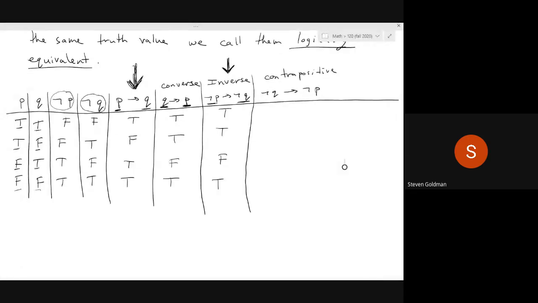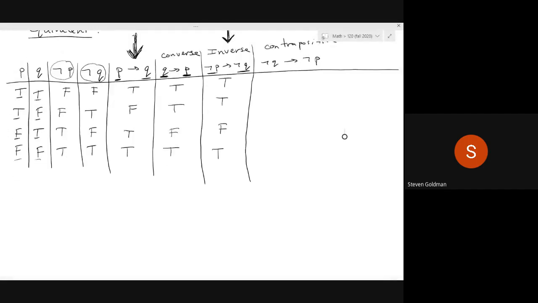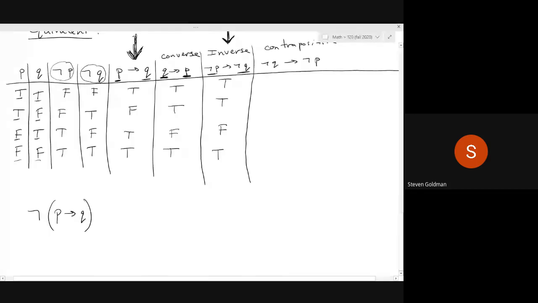The answer is no. The negation of that proposition would look like this: not, "if P then Q." That's the negation. The negation symbol does not distribute.